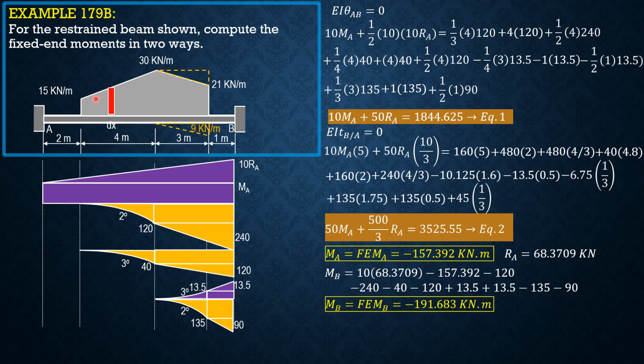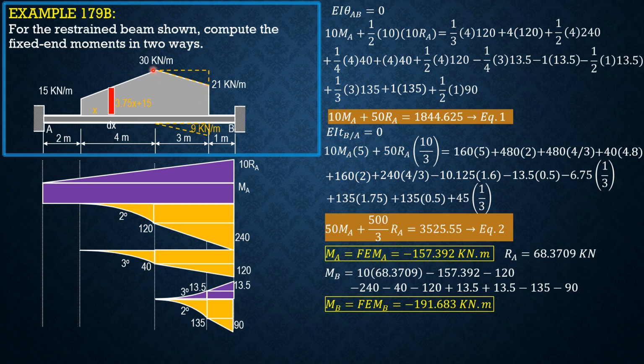Since 15 over 4 is 3.75, the intensity of the strip here is 3.75x plus 15. Therefore, the differential force is 3.75x plus 15 dx. For the right part, that's the strip.